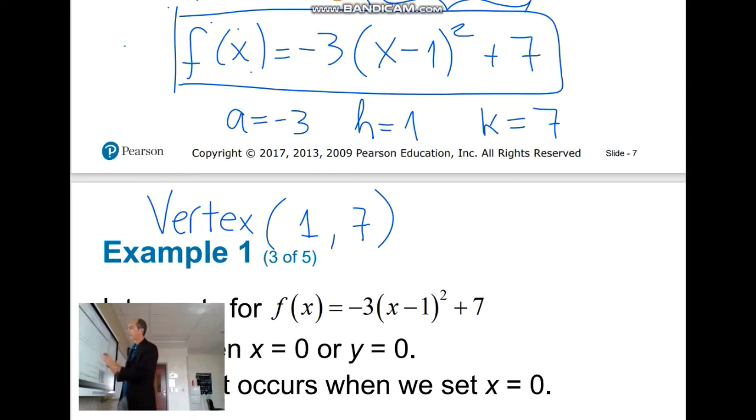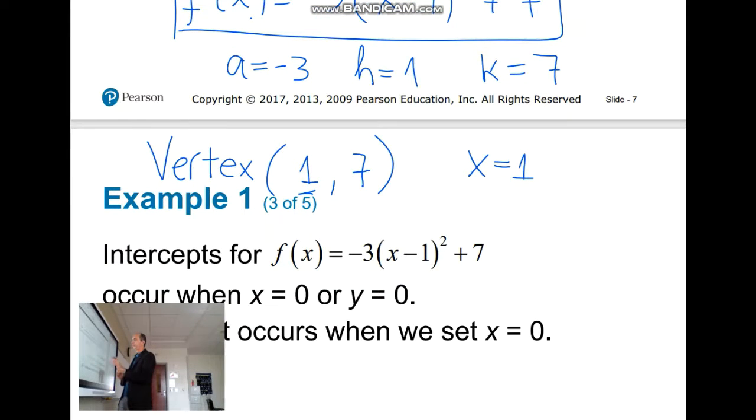We also know that the vertex is located on the line of symmetry, the axis of symmetry. We can say that the axis of symmetry is x equals 1. X equals 1 is the axis of symmetry, where the vertex is. And we will visualize this on the graph a little bit later.